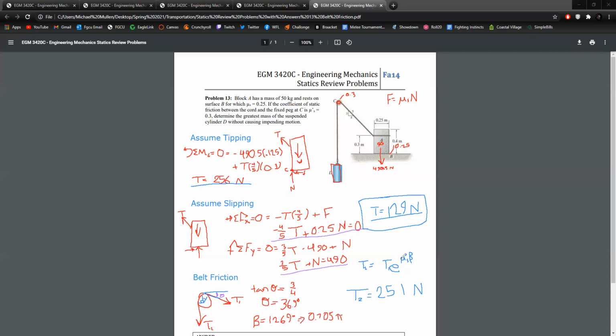For T1, we plug in the given mu sub S, 0.3 for this surface, for our mu sub S here. And then beta is the angle from the perpendicular of T2 to the perpendicular of T1. Plugging that all together, you get T2 is 251 newtons.